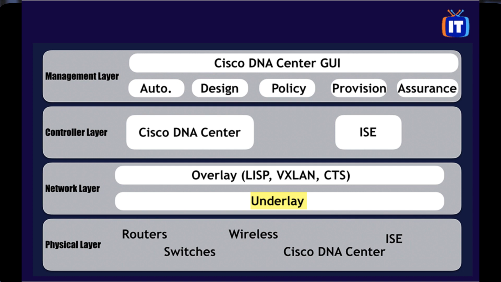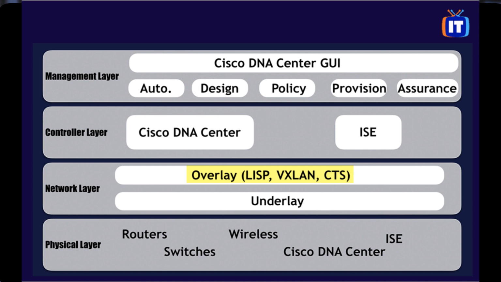The underlay is all of that stuff, including the connections between the devices that we've set up, and then the overlay at the network layer goes on top of that and makes all the software-defined magic happen.